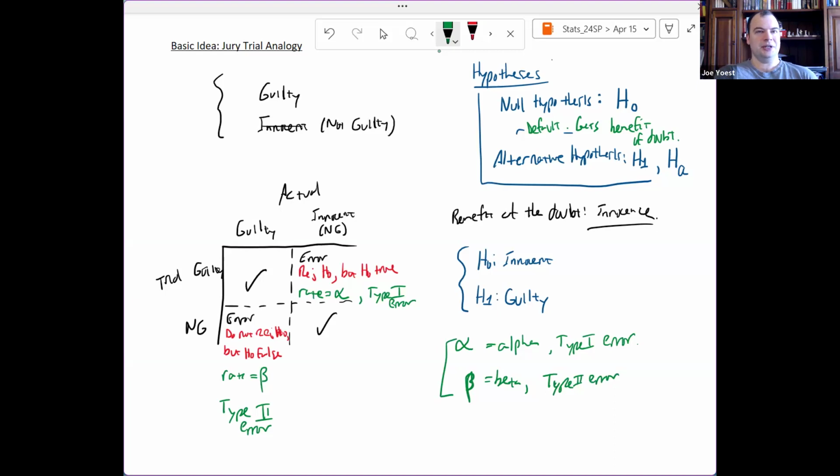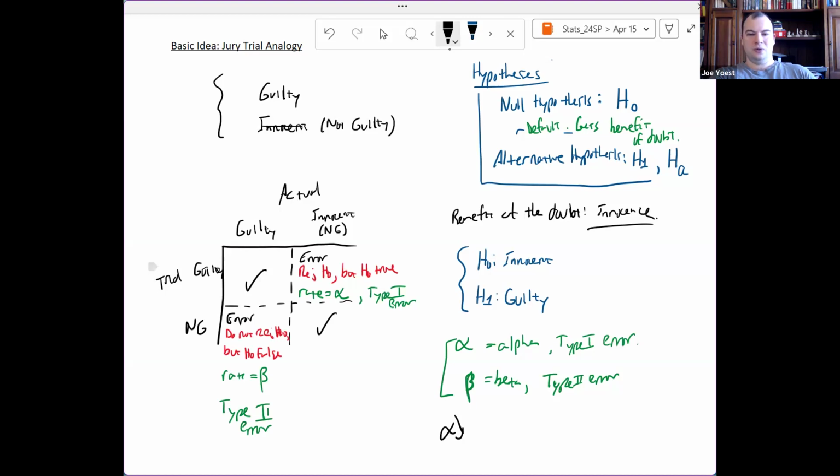I mean, it would be super nice if alpha and beta could both be zero or really, really small. But again, if we push one down, the other one goes up. So there's a trade-off to be had here. In the US and similar justice systems, at least in theory, we push alpha down.